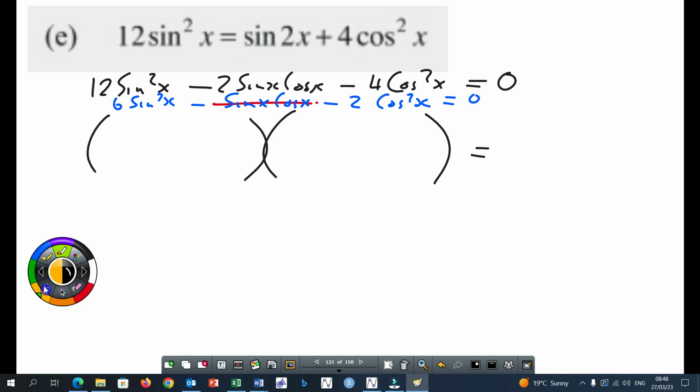No, I didn't cross out. This was already there. Oh, sorry. Let's take it out to avoid issues. Give me the factors. Oh, it's 3 sine x minus 2, and then 2 sine x plus 1.